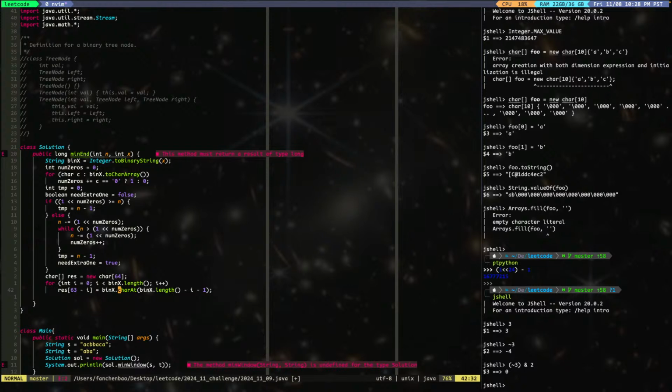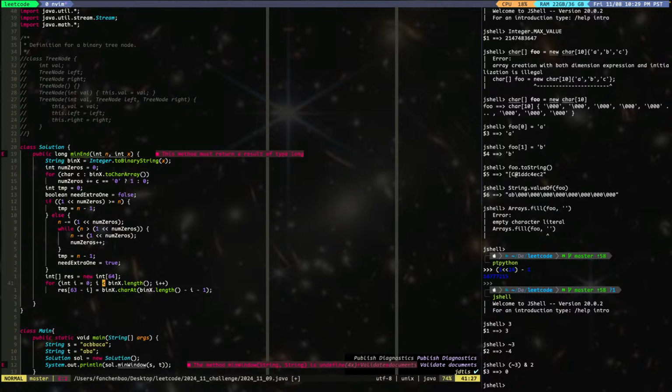Alright, so you go right to left every position. If it's a 0, then you know what? In this case, I feel it's actually easier if we just do int.